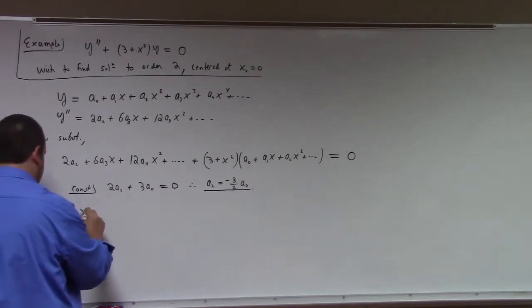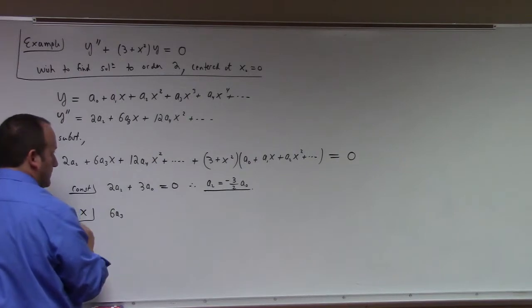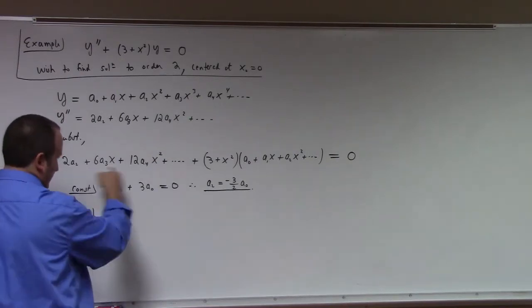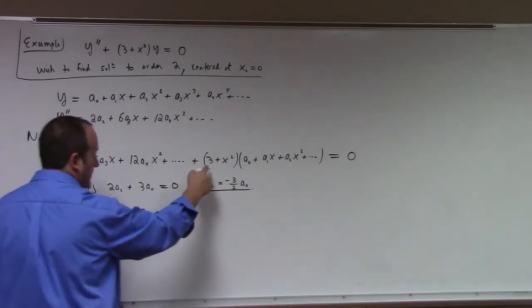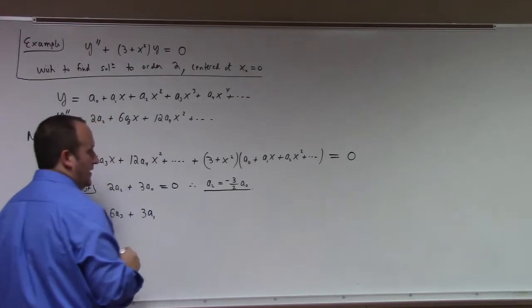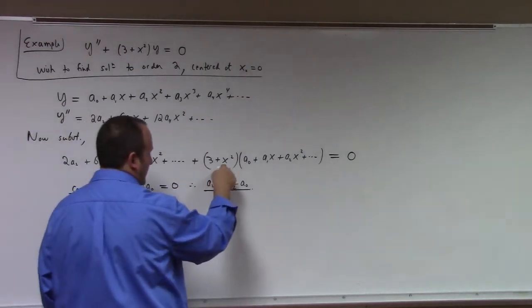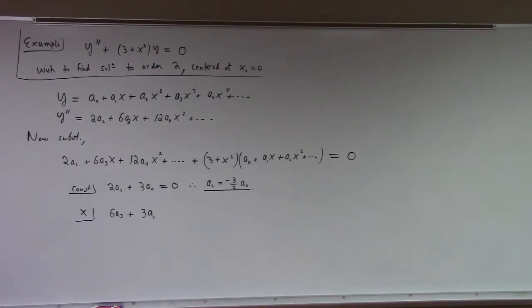How about x? What do we have for x? We've got 6a3. Over here, I've got 3 times a1, and that's it from the 3. Is x^2 times anything going to give me an x? No, so that does not contribute.